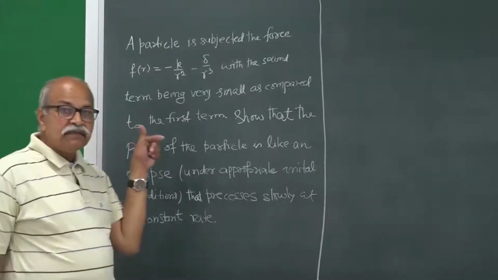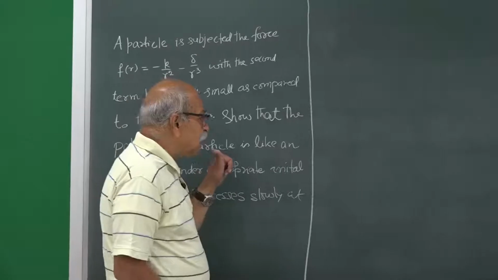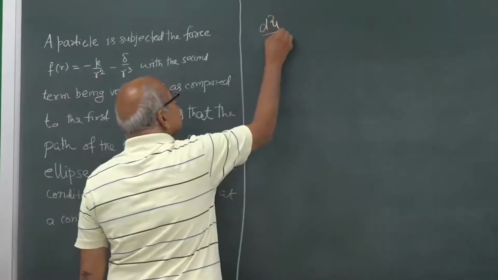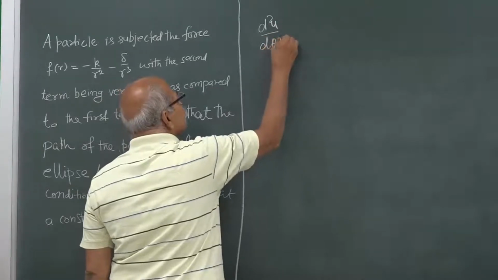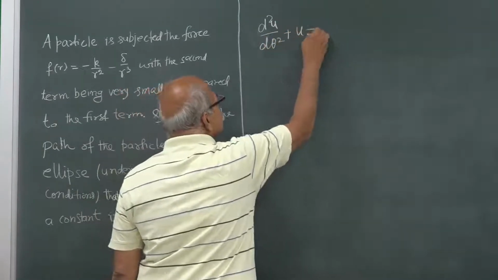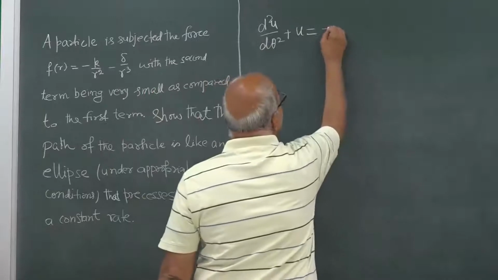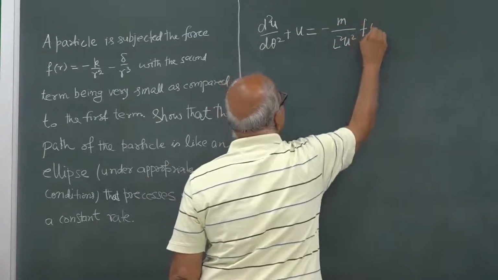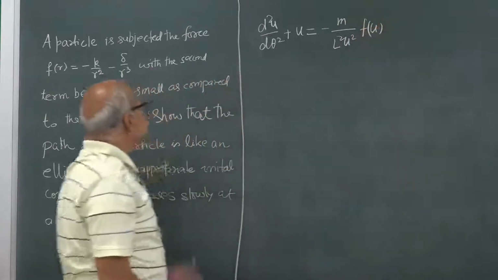So, our equation of orbit in terms of u, we had just derived, d2u d theta square plus u is equal to minus m over L square u square f(u). Use this here.